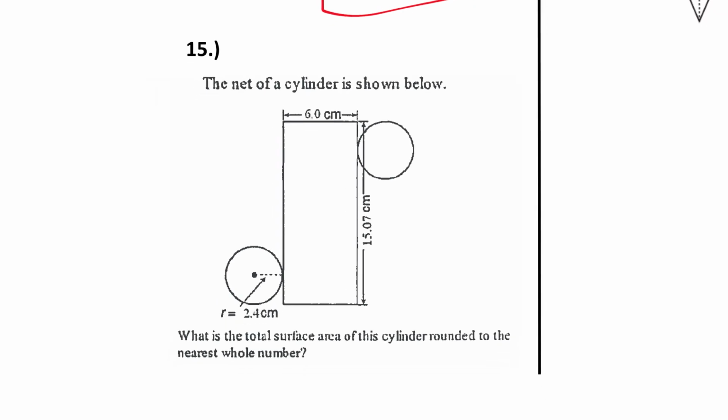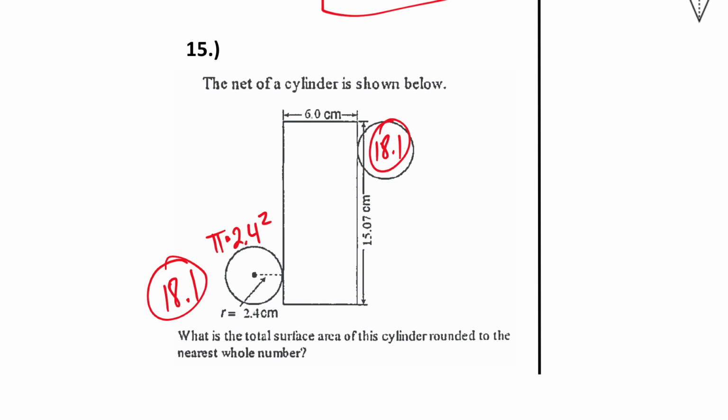And number 15, the net of a cylinder is shown. Find the total surface area. So you've got to find the area of each piece. So for this one, it's pi times r squared, which is going to be 18.1.